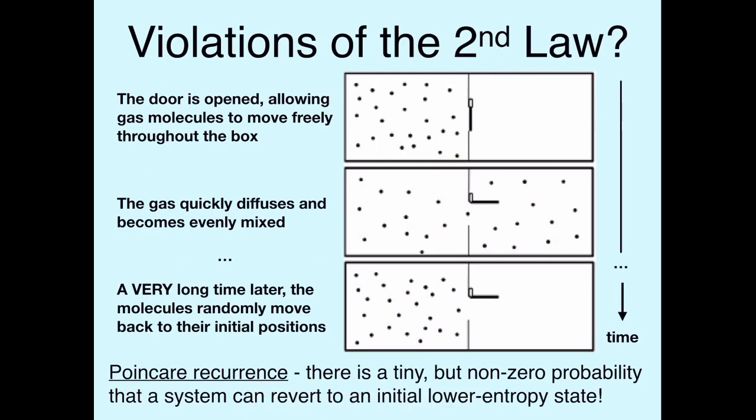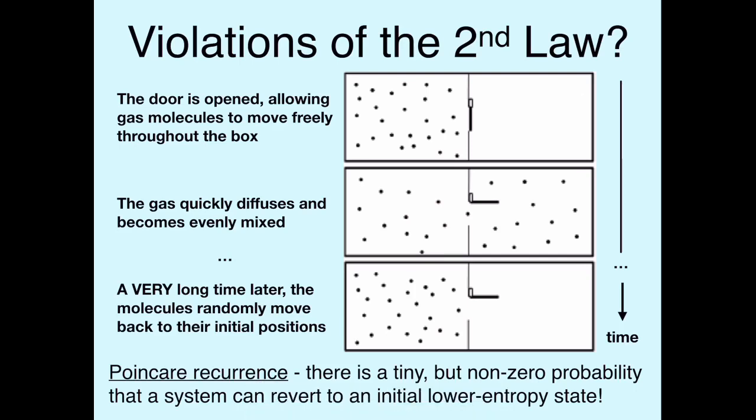If we start the system like this, where there is a bunch of molecules on the left side, and there's just a vacuum on the right side, and there's a door here that's closed, so everything is staying on the left side for now. But if we open the door and we allow the molecules to start moving into this chamber, well, over time, we know they'll diffuse, and eventually they'll be pretty evenly mixed.